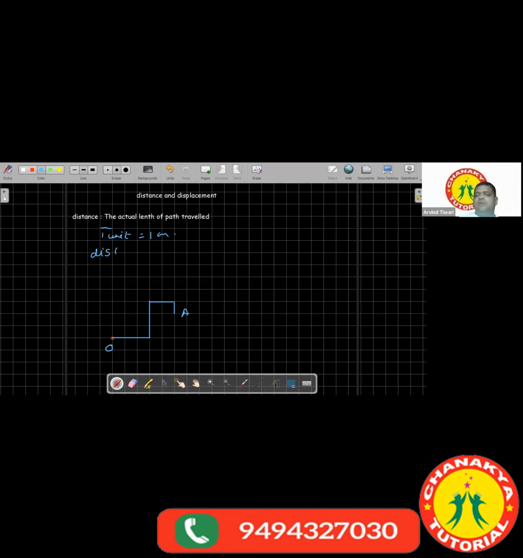Okay. Suppose I have another case. I start from here, travel 5 units, then again travel 1 unit, travel again 5 units, and return back. So what is the distance traveled?